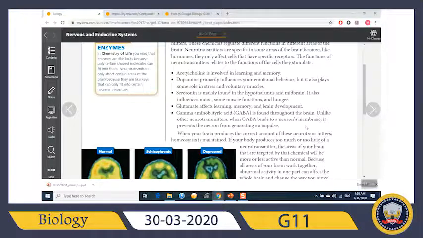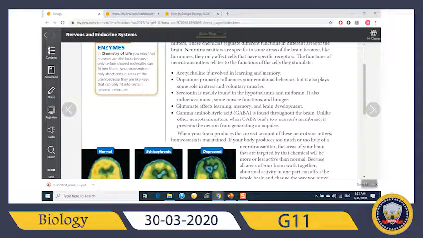It also plays some role in stress and voluntary muscles. Also, if you are stressed, like during the exams period, you are under a lot of stress. If I measure your dopamine levels, I will notice that they are above normal.